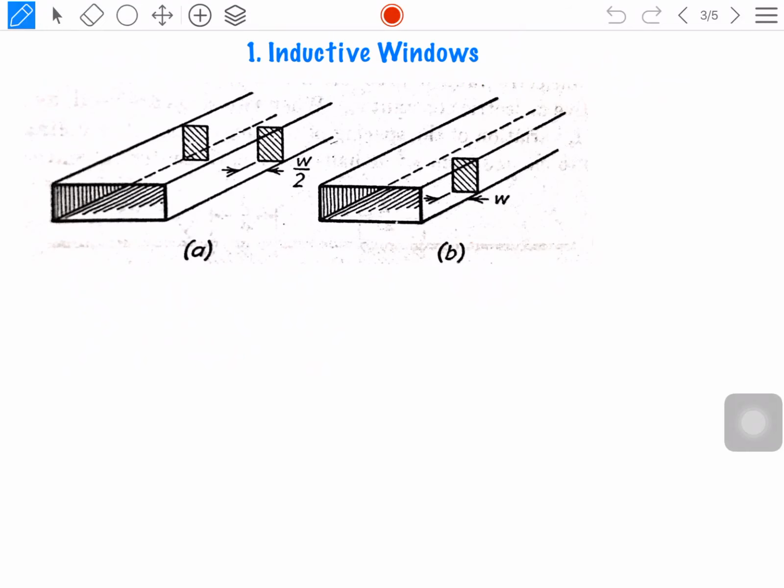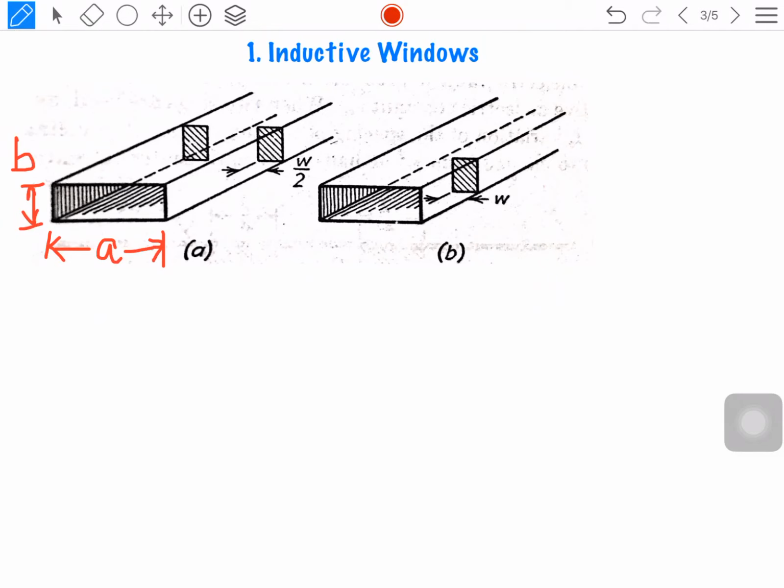In this figure, this is a waveguide. The dimensions of this waveguide, we know, are A, the breadth, and B, the width.